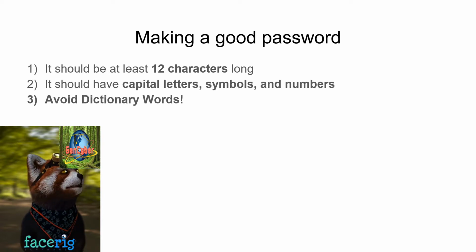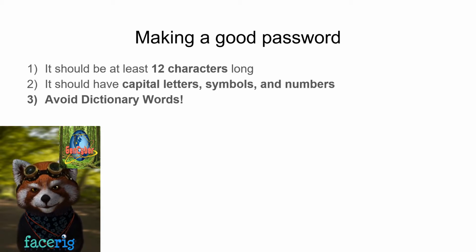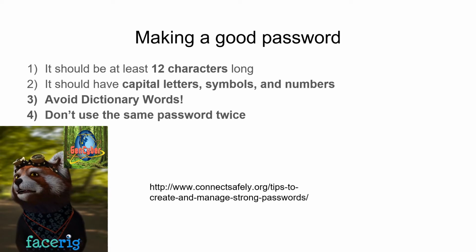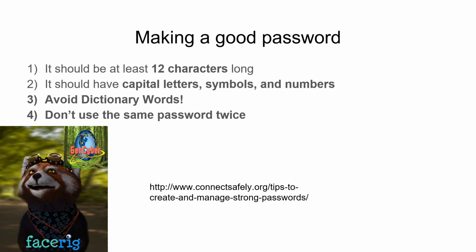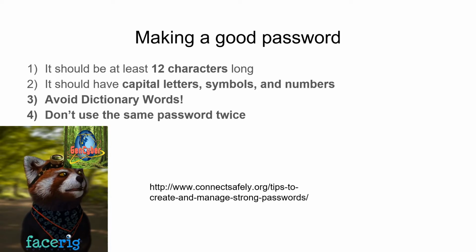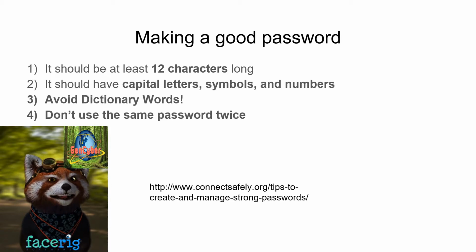This is because people who try to break passwords start with easy ones and they look up dictionary words. Number 4, and this is a big one, don't use the same password twice. We'll explain it in an upcoming slide.